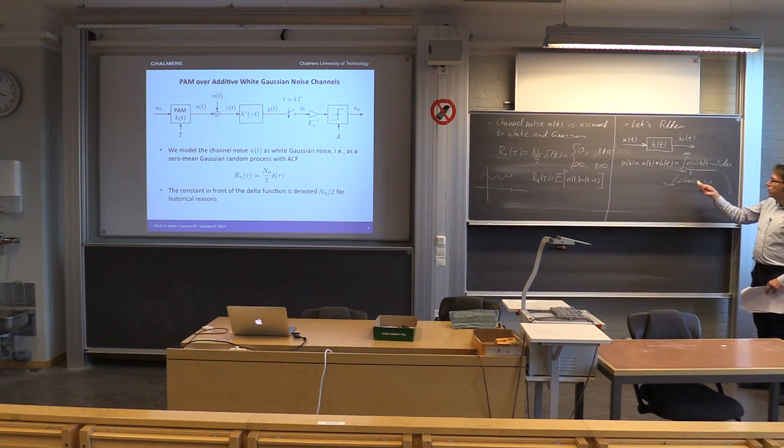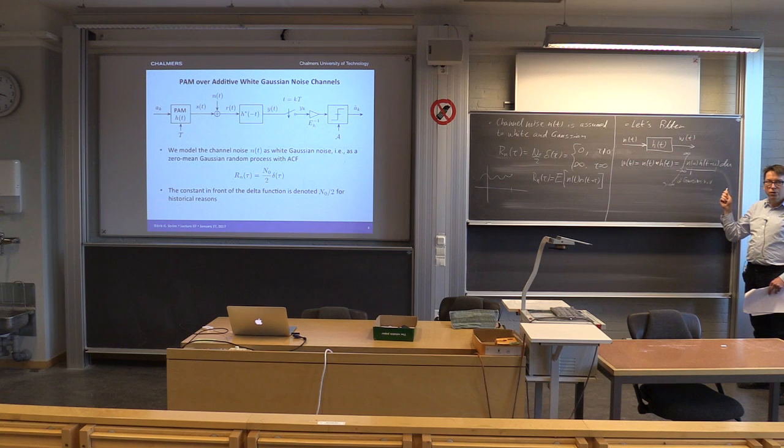So if you're unconvinced about this, make this into a Riemann sum, right? And then you see the integral in itself is a summation. So what is the distribution of a sum of Gaussian random variables?